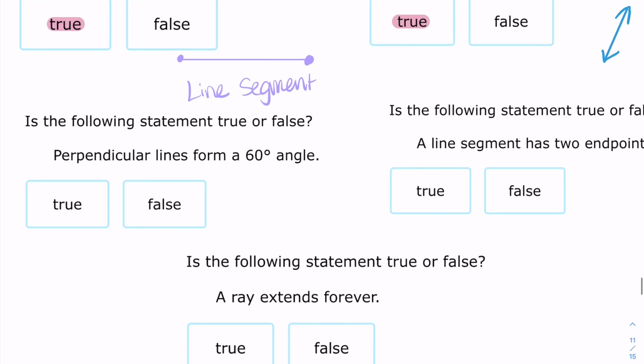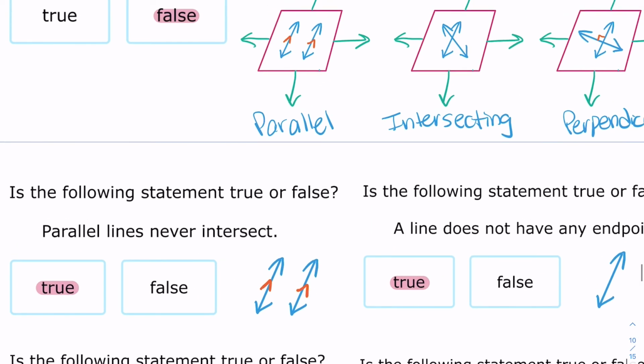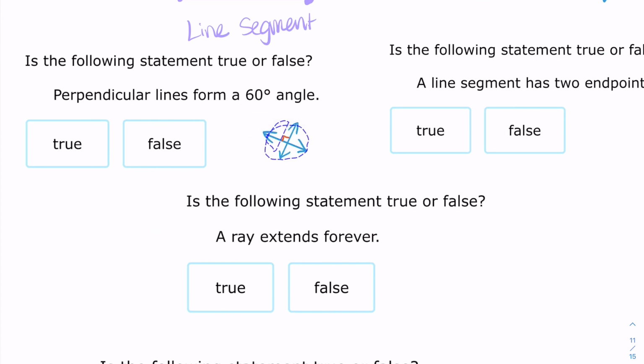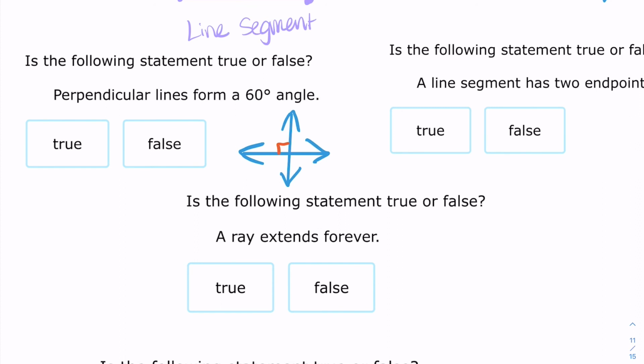Is the following statement true or false? Perpendicular lines form a 60-degree angle. No, that is false. They form a 90-degree angle. And here's my drawing to prove it. Okay, they form a 90-degree angle. Actually, you know what? I'll draw a new one here, as it will lock into place now that I'm doing it this way.